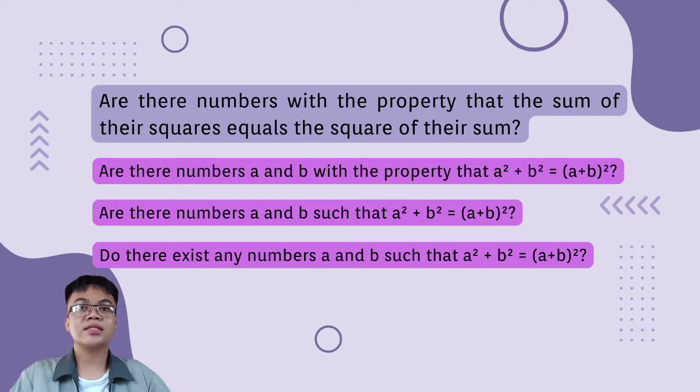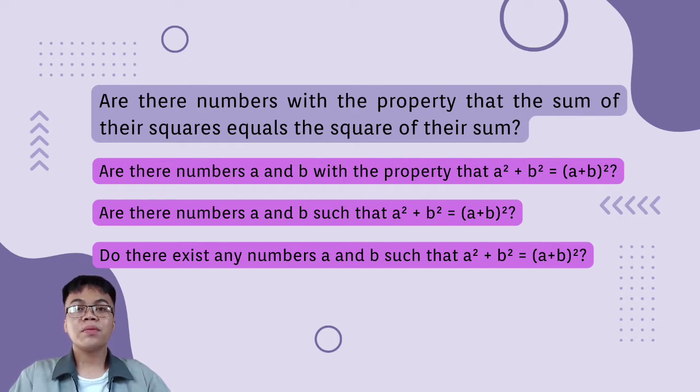At dahil nga sa sum, hinahanap yung sum, kaya naglagay tayo ng plus. Equals the square of their sum. Ibig sabihin yung square daw ng kanilang sum. Kaya ang nilagay natin dito ay a plus b squared.